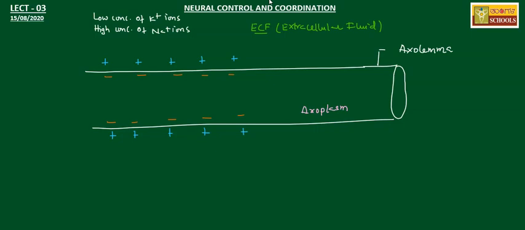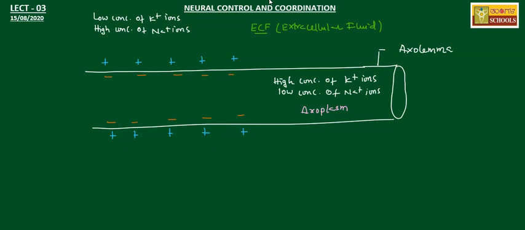Now inside the axoplasm, it's opposite to that. Inside it has a high concentration of potassium ions and a low concentration of sodium ions. Of course, along with this, there are negatively charged proteins.